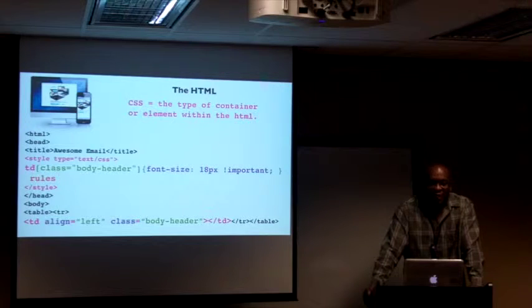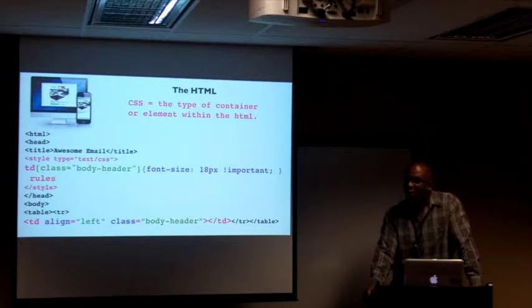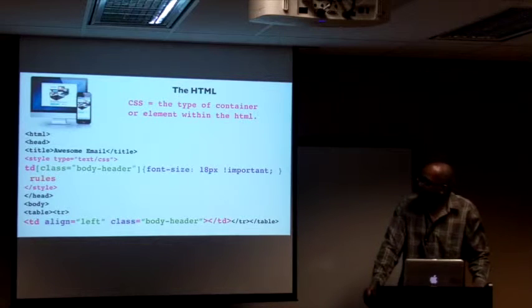The HTML5. So this is in the body of the document itself. It's fairly straightforward. The CSS has to equal the type of container or element within HTML5. So in this example, it filled it in.